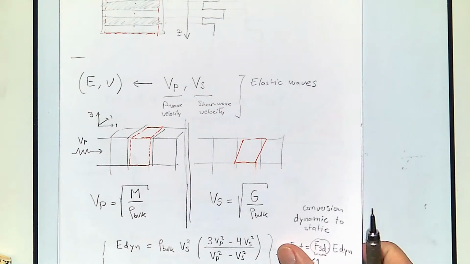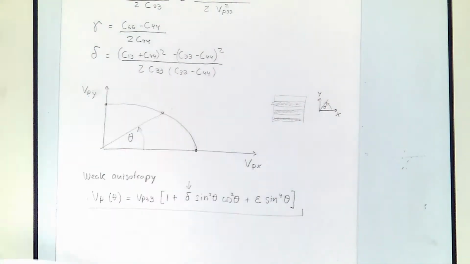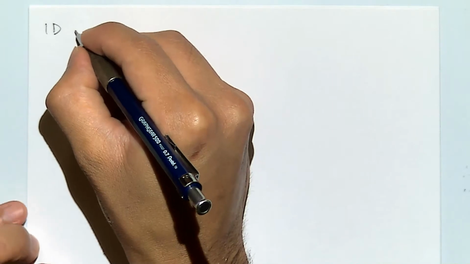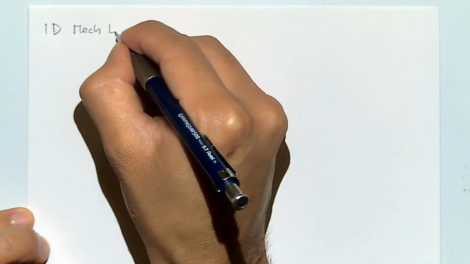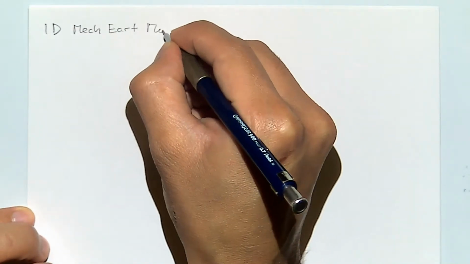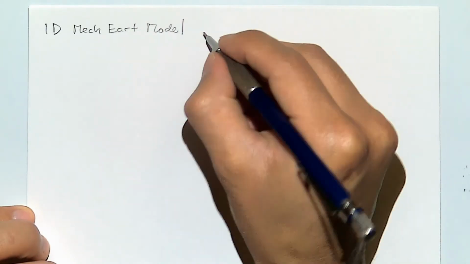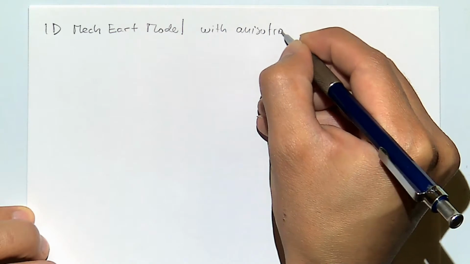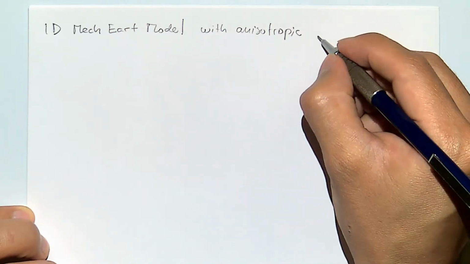All right, so let's do that. This is going to be the 1D, still 1D, mechanical Earth model with anisotropic parameters.